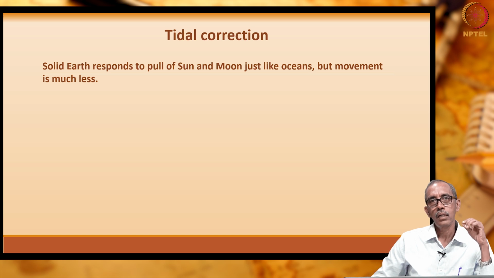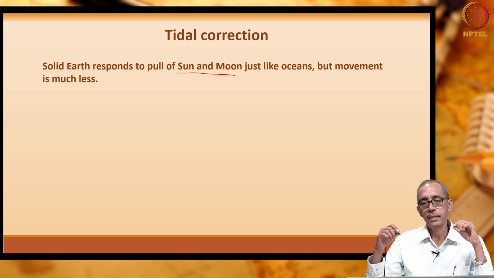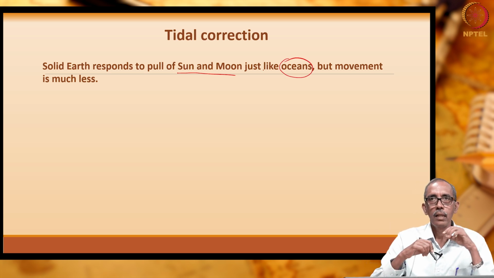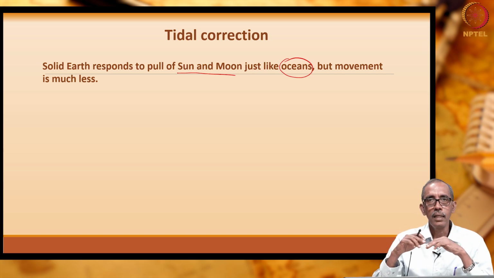The earth, solid part of the earth also responds to the pull by the other planets, just like oceans. In oceans, we have tides. Why do we have tides? Because of the interplanetary pulls, attraction, right?